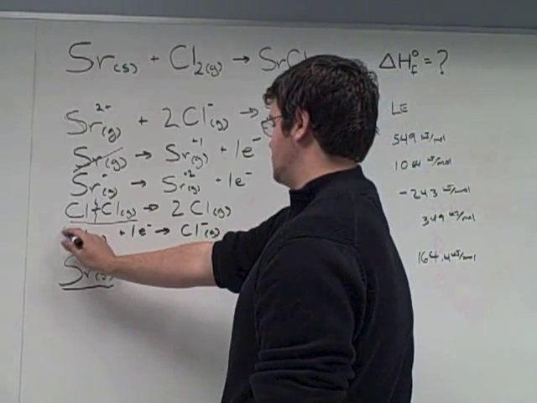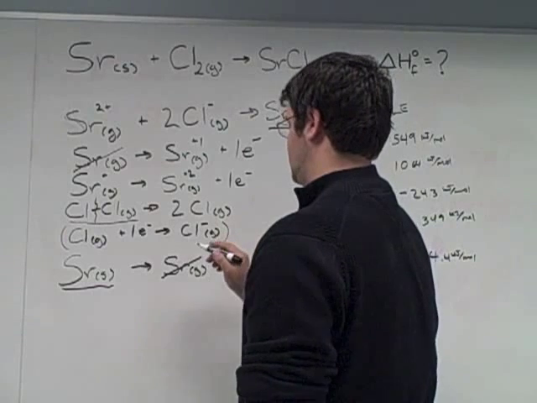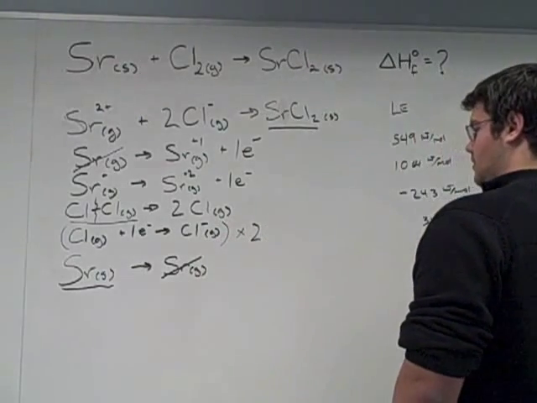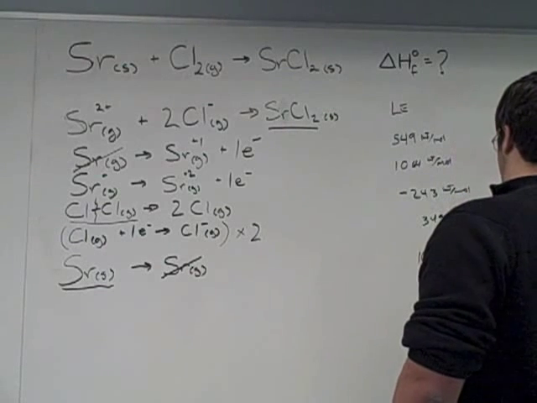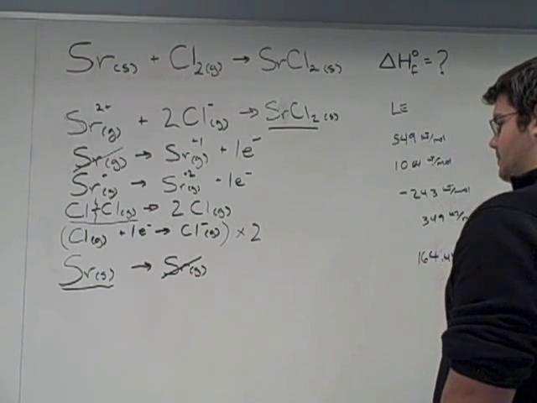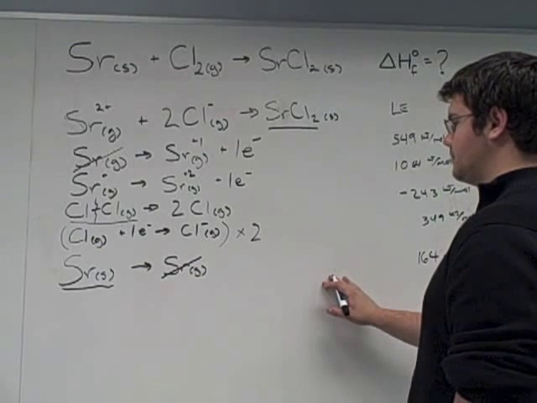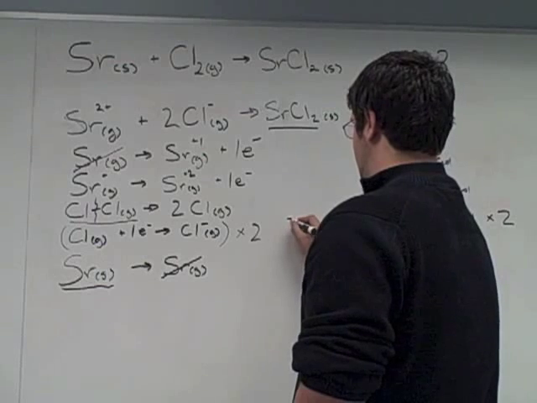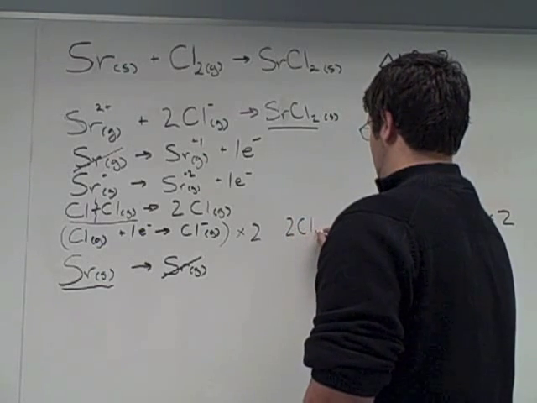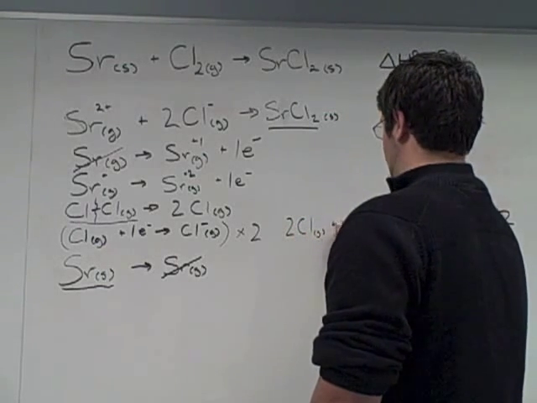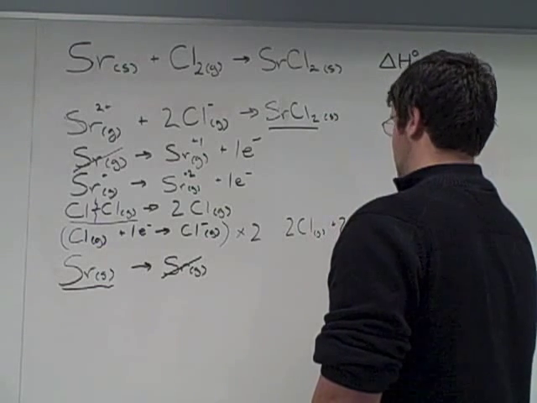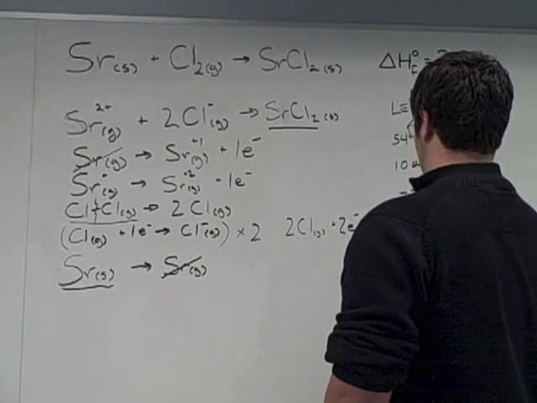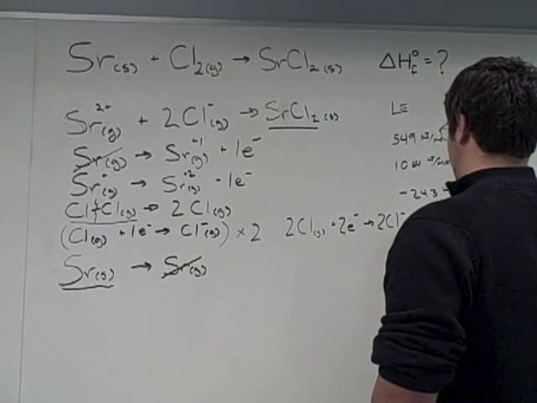So we need to multiply this equation by 2. In turn, multiplying our value by 2. So here this will become 2 chlorine gas plus 2 electrons goes to 2 chlorine ions in the gaseous state.